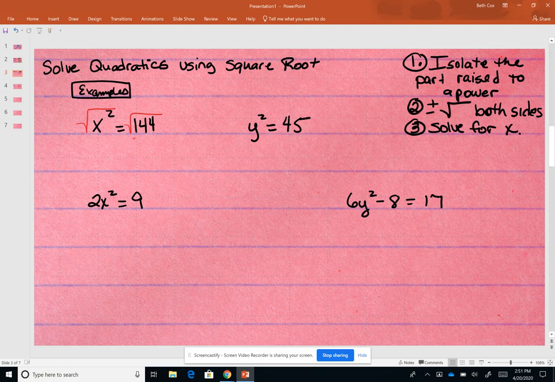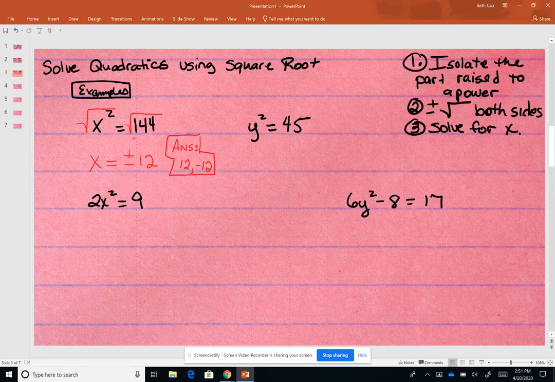The square and the square root cancel over here, so I just get x. And the square root of 144, well, that's 12. So my answers are positive and negative 12. I get two answers, positive 12 and negative 12. So just remember that.